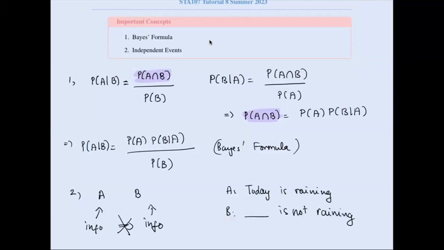Which means if we know some information about A, it decreases the probability that B can happen. So information about A actually tell you some information about B. Therefore, they are not independent. However, they are mutually exclusive, because if A happens, then B cannot happen. And if B happens, then A cannot happen. Does this part make sense?